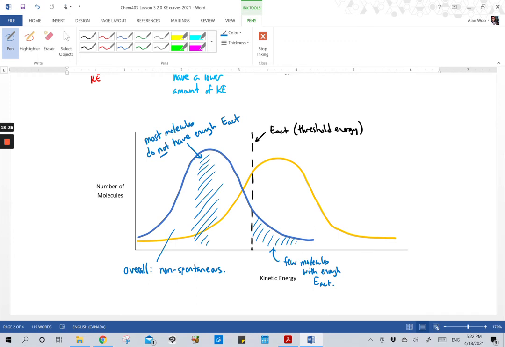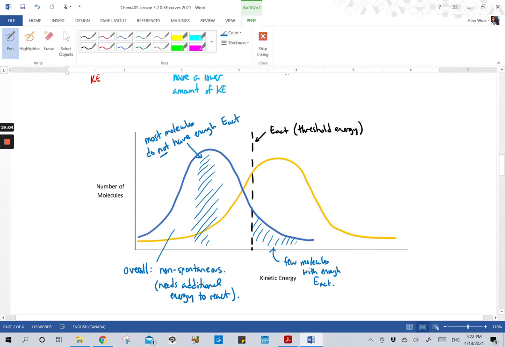So it needs additional energy in order to react. Okay, so you just have to give it enough energy to get over that threshold energy. So that's where we are with the second curve.